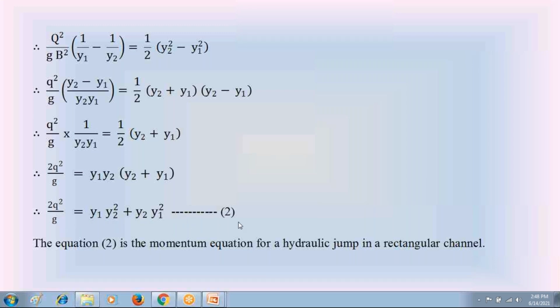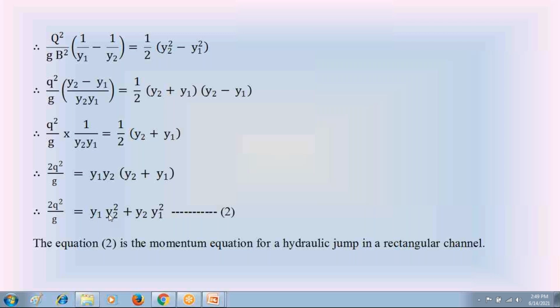So the equation 2 is a quadratic equation in terms of depth y1 and also depth y2. I hope you remember ax square plus bx plus c equal to 0 has the solution x is equal to minus b plus or minus root of b square minus 4ac by 2a.